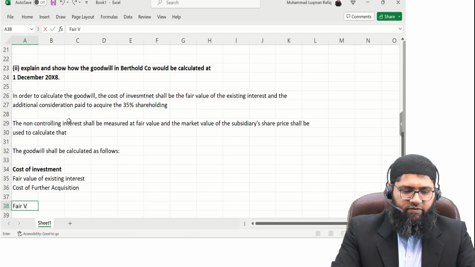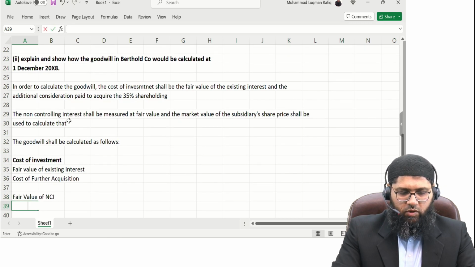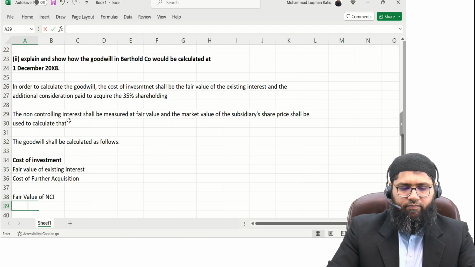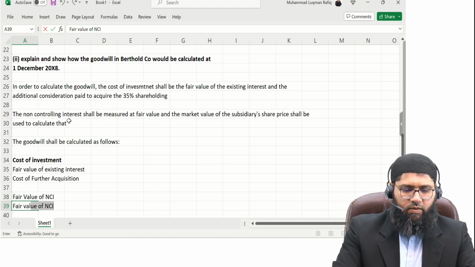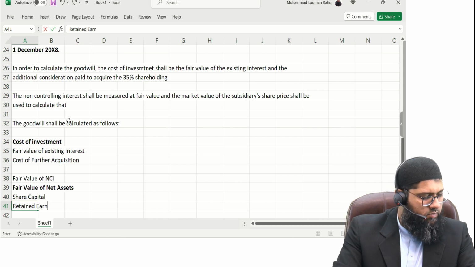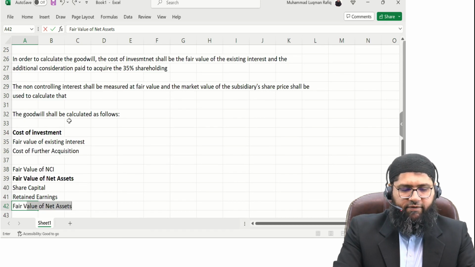Fair value of NCI. Fair value of net assets: share capital, retained earnings, fair value adjustments.